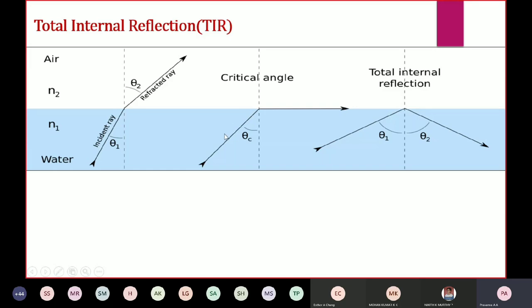If you allow any light ray to fall on this interface at an angle greater than theta c, then that light ray will reflect completely back to the medium of incidence. This is the total internal reflection, because it is completely reflected within the medium of incidence. There is no refraction, no loss of light into the medium of refraction.